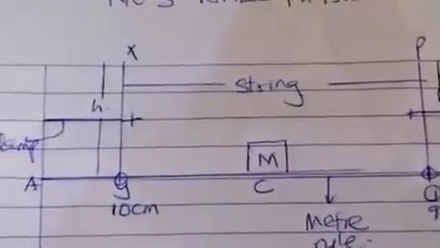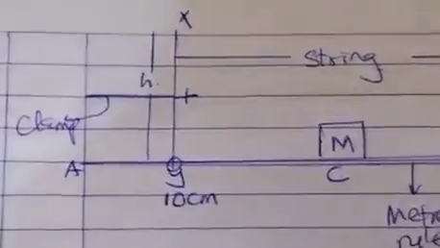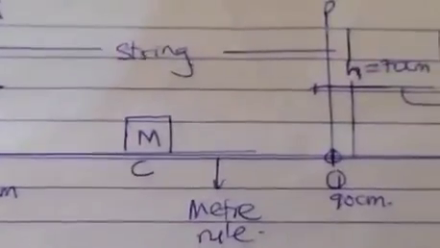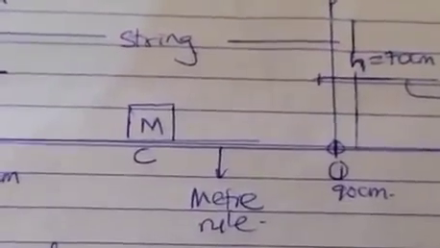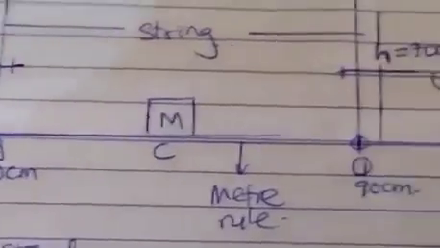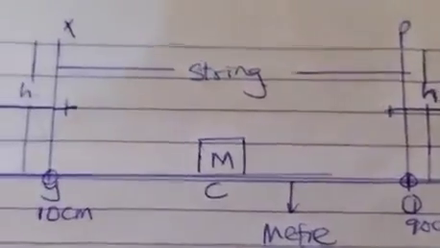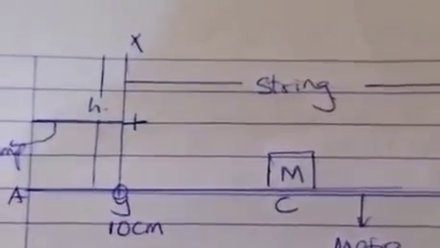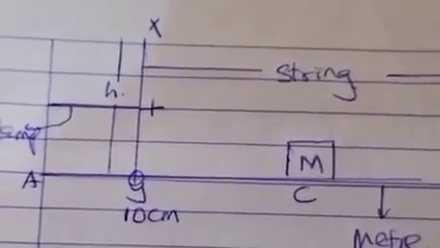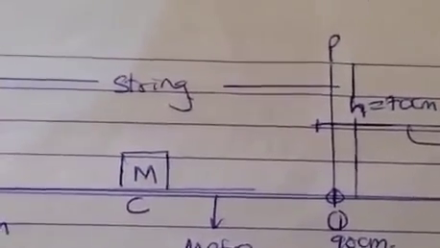And the meter rule is suspended at point O, the 10 cm mark, and point Q, the 90 cm mark, by two vertical strings, SY and PQ.